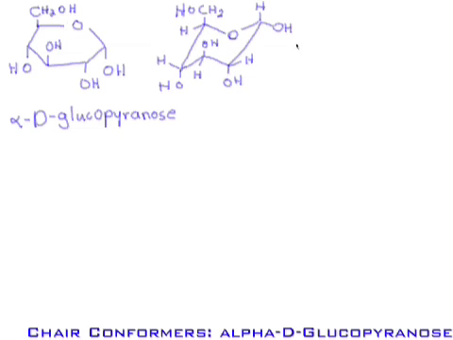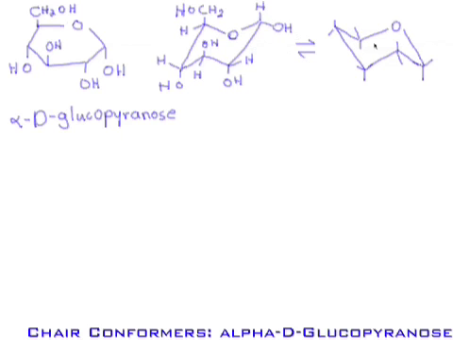I can draw the ring flip structure by just tilting the central two bonds in the opposite direction. If I do that, I get this type of structure. And if I put in my bonds, I now can put in the groups.